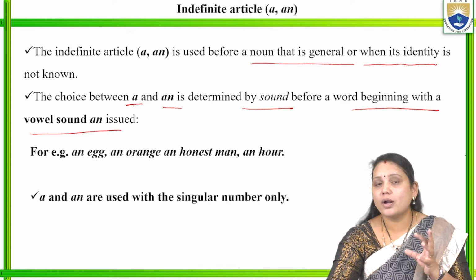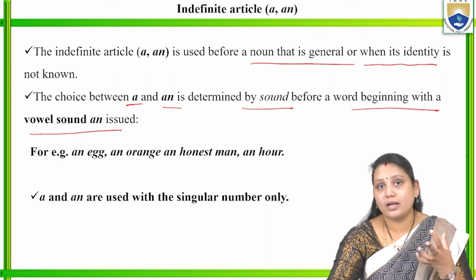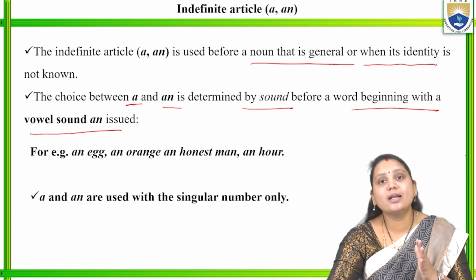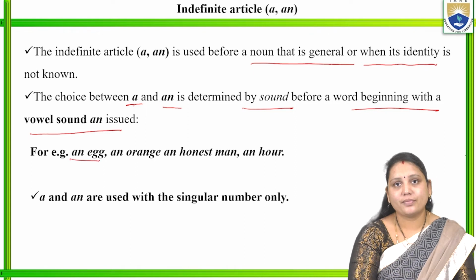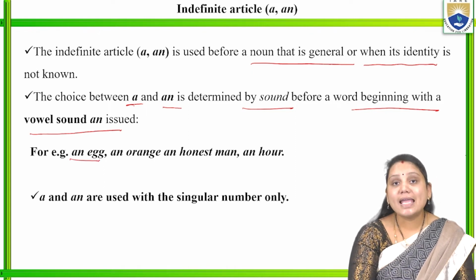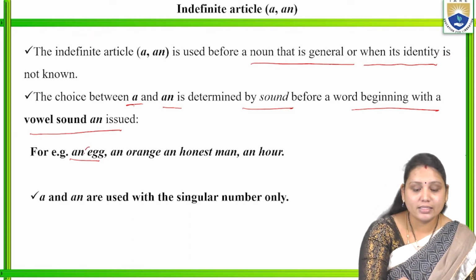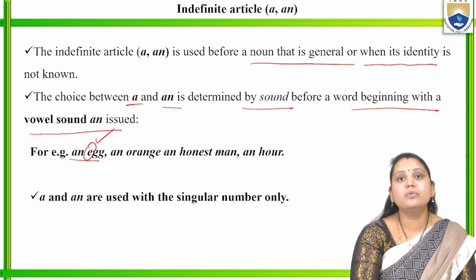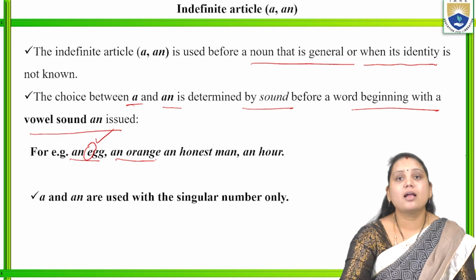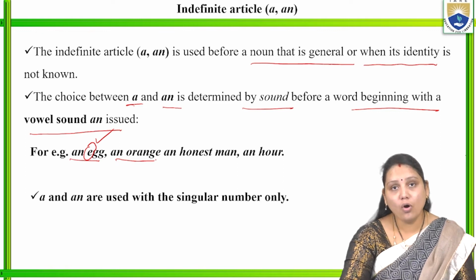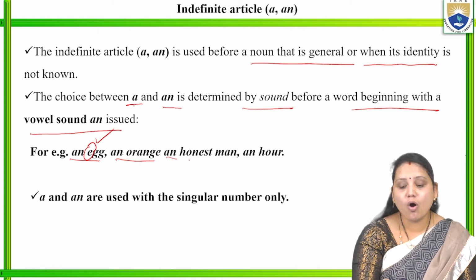Now, let us try to understand them with more examples such that it is clear to you. For example, an egg. A-E-I-O-U. Egg, so this is indicating the vowel sound. So, we are using 'an'. An orange. Next, an honest man.